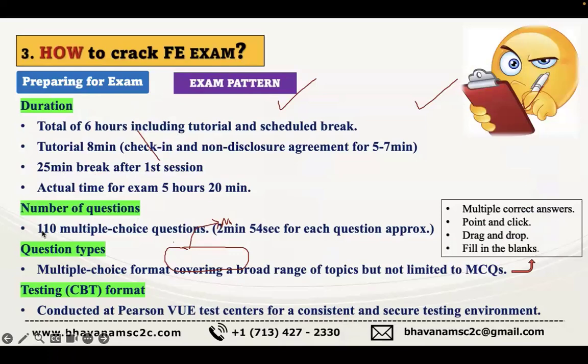There will be 110 questions, mostly objective. On average, you will get 2 minutes 54 seconds per question. It means the questions won't be very tough. They won't be like IIT or other tougher exams. They will be very fundamental, as the name itself indicates, but you have to cover the entire syllabus. Whatever is in the handbook, if you cover that, it is more than enough.